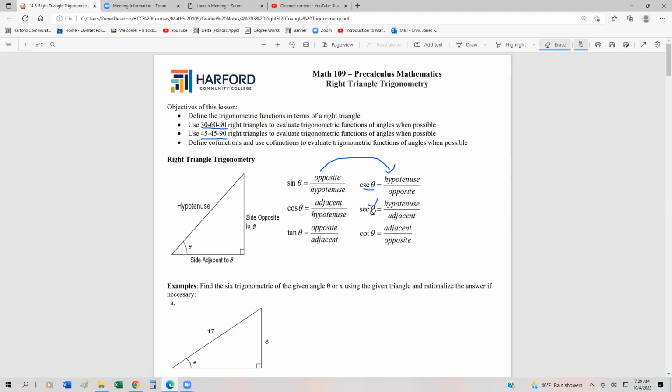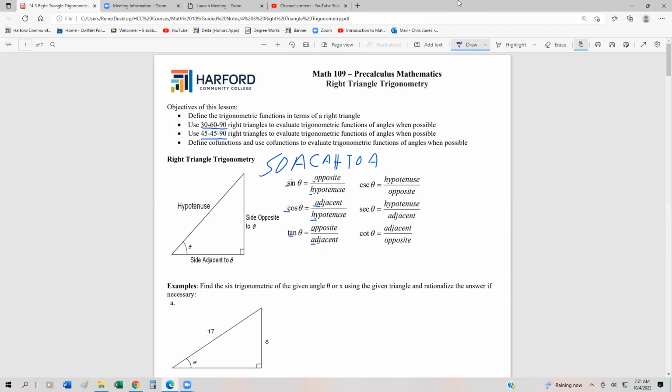A way to memorize this relationship is to take a look at the first letters. So we have SOH, CAH, and TOA. This is an imaginary word, SOH-CAH-TOA.